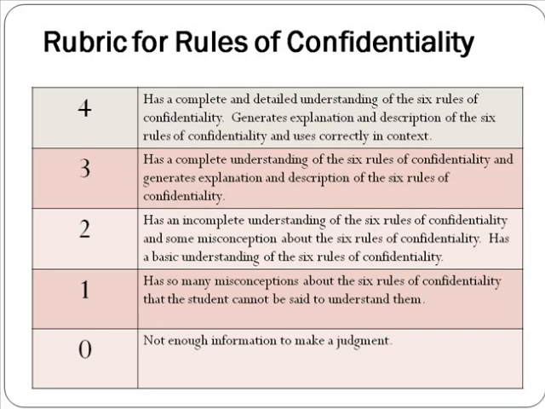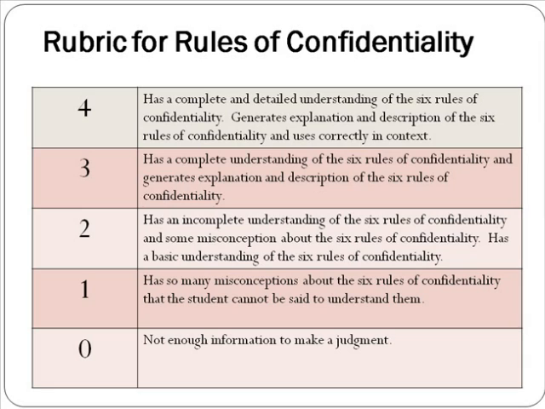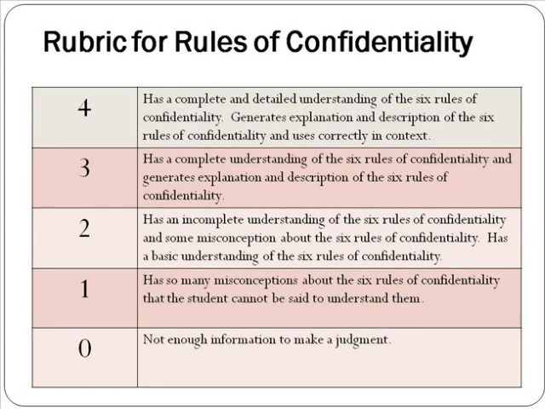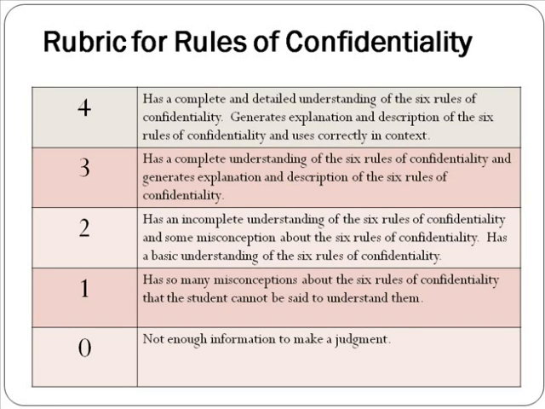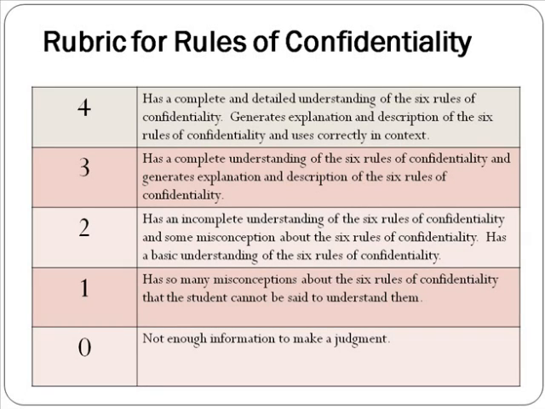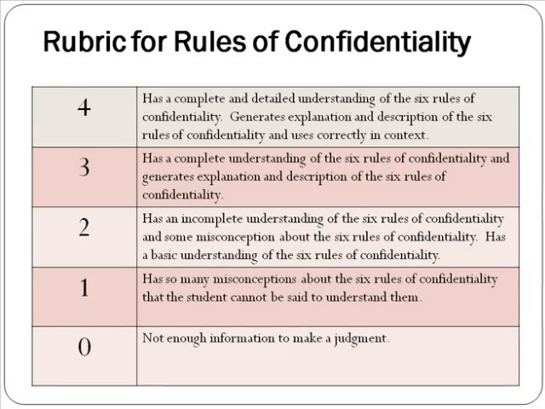You obtain a 2 if you have incomplete understanding of the 6 rules of confidentiality, have some misconception about the 6 rules, and have a basic understanding of them. You obtain a 1 if you have so many misconceptions about the 6 rules of confidentiality that the student cannot be said to understand them. And you obtain a 0 for not enough information to make a judgment.